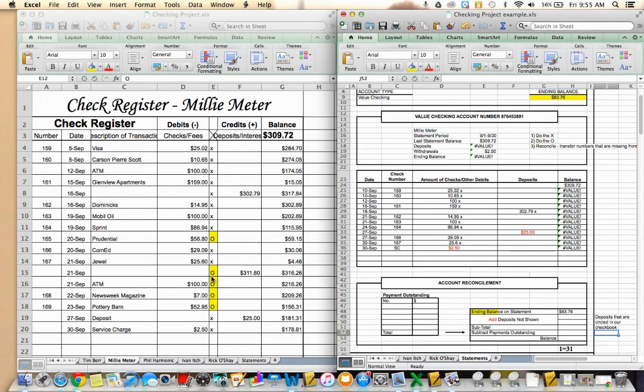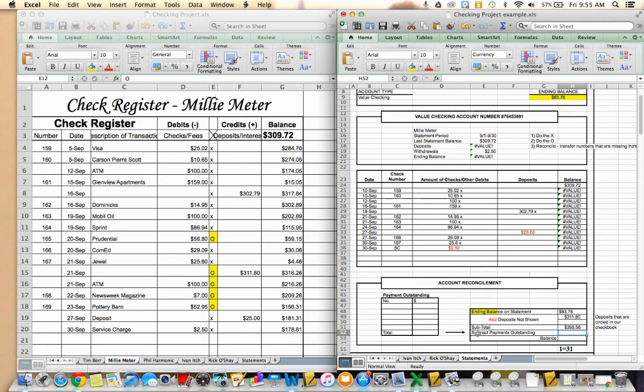So 311.80 is circled. I'm going to write that amount right here. And then I'm going to do a subtotal. So I'm going to do the 83.76 in my calculator plus, because it says add, 311.80. And so my new total is 395.56.